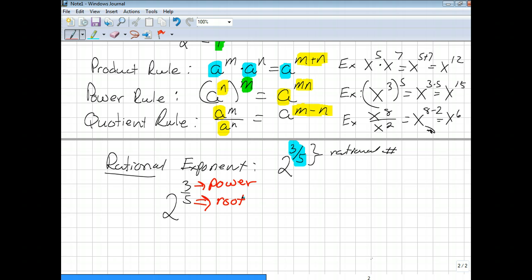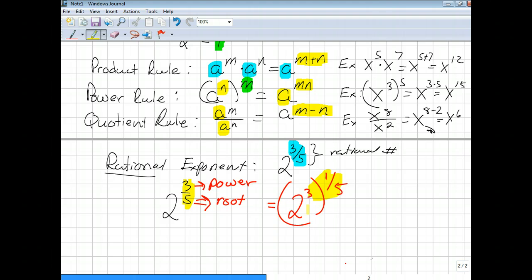Okay? So for instance, this could be written as 2 cubed to the 1/5, because by the power rule, if I multiply these two together, I get this. Okay? And the 3 tells you what power to raise it to.